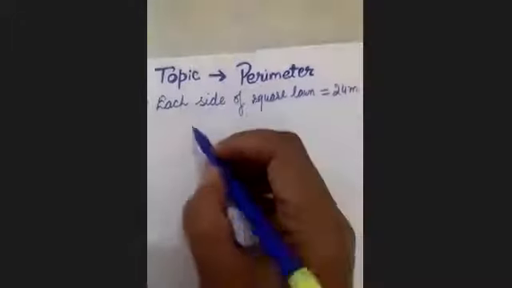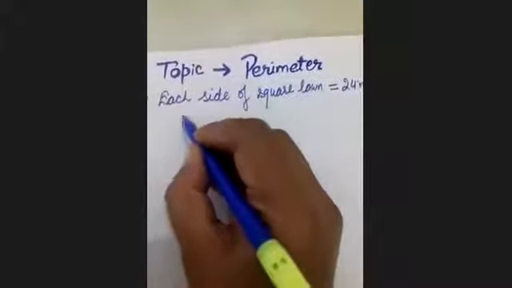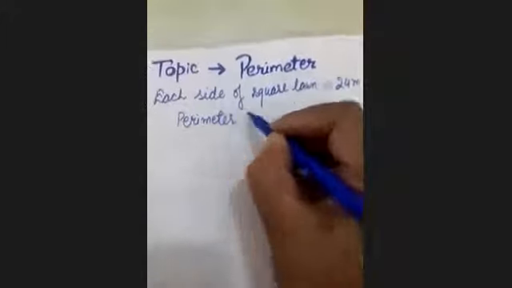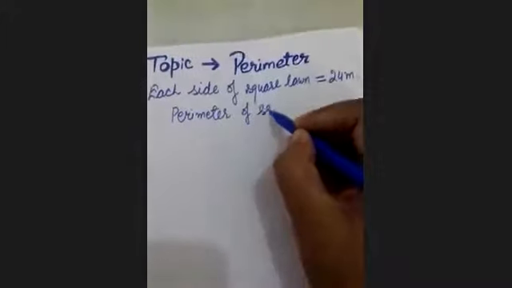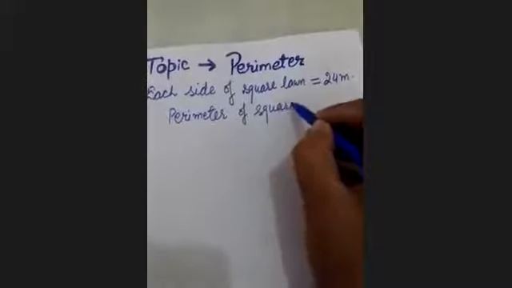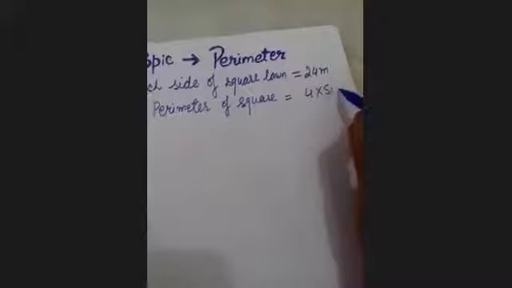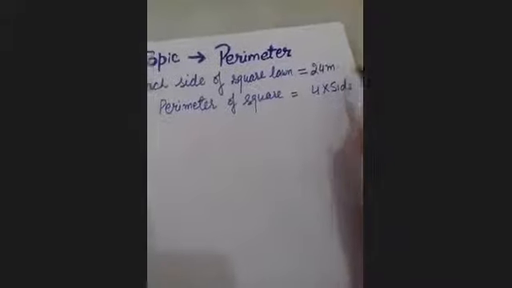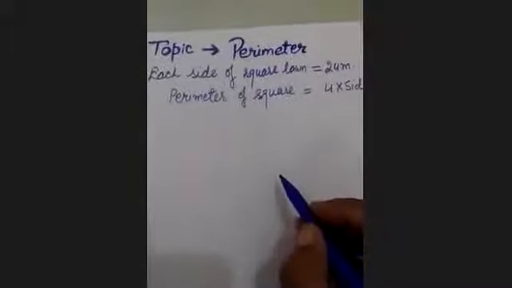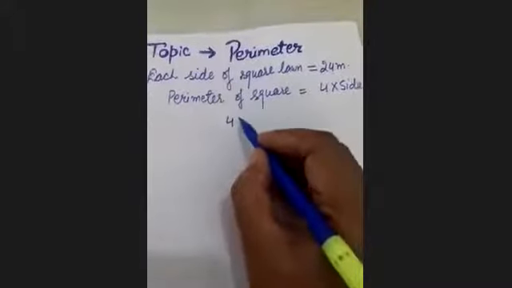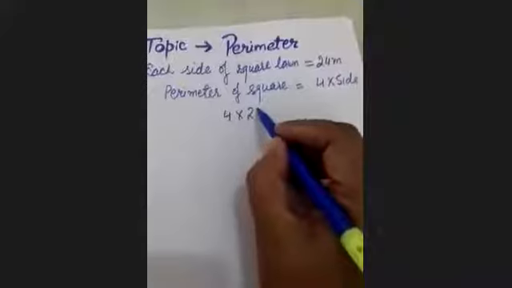Now find the perimeter of square. Perimeter of square is 4 into side. Now 4 multiplied by 24.